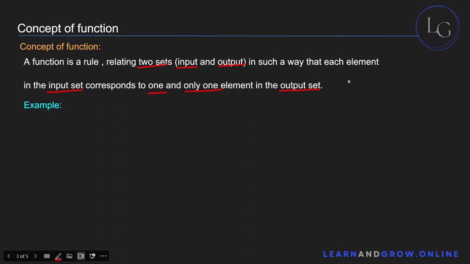So for example, let's say the input set here, let's call it X, and the output set, let's call it Y, and you have elements in it.